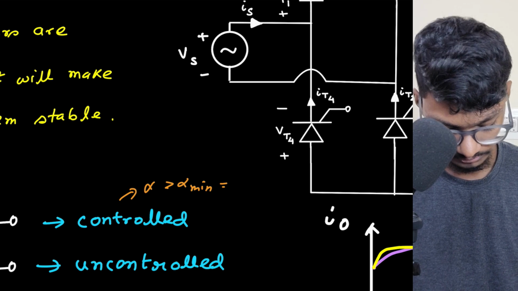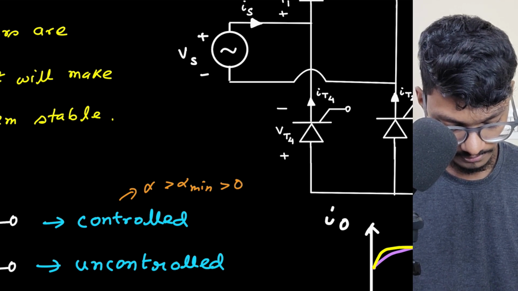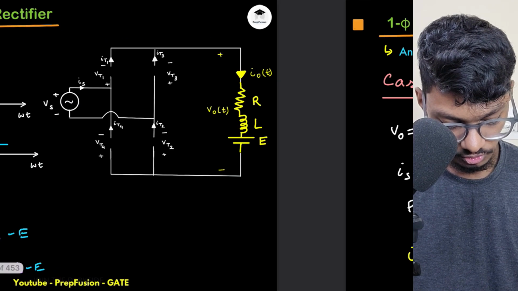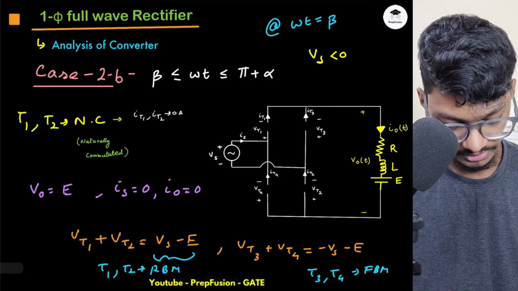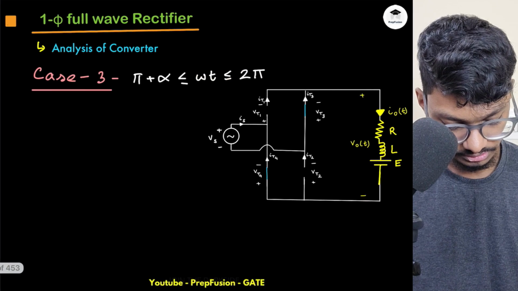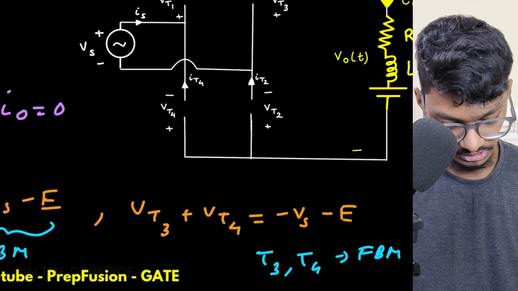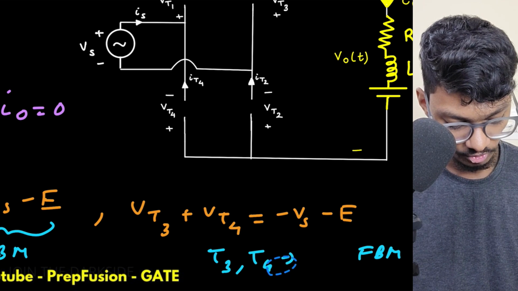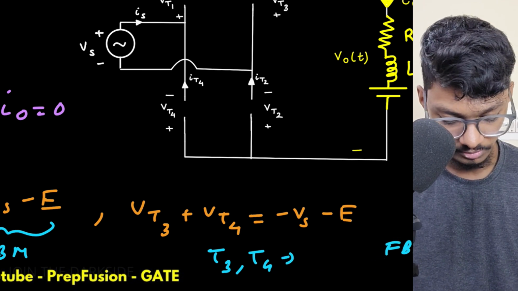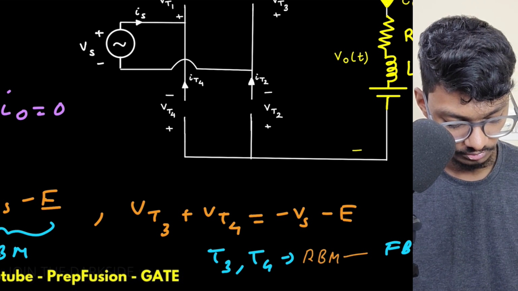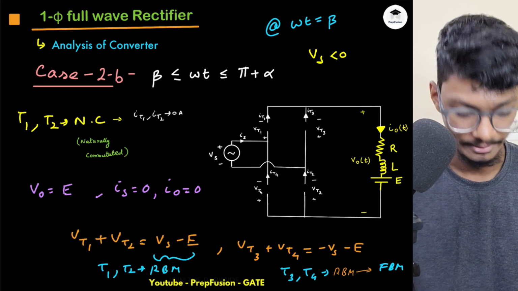It has to be greater than theta. That is my assumption. So if it is greater than theta, T4 and T3 will be either in the reverse blocking mode, or in the forward blocking mode, or on their way to forward blocking mode from reverse blocking mode. This is what will happen.